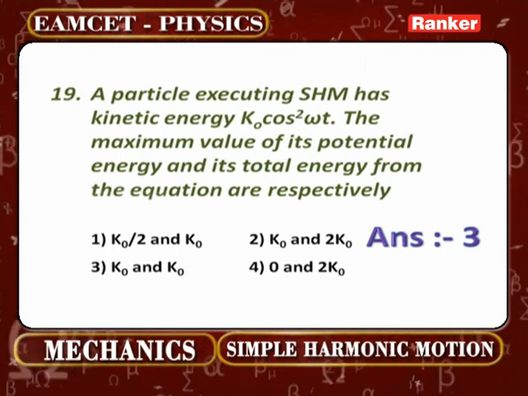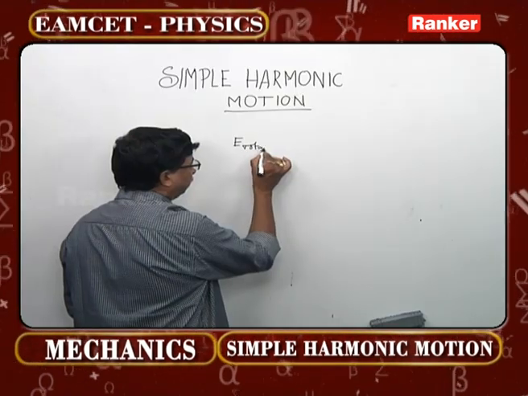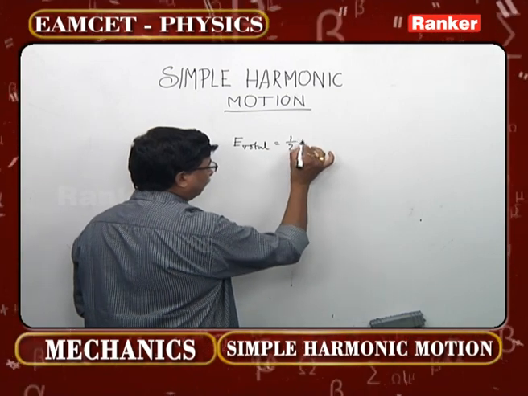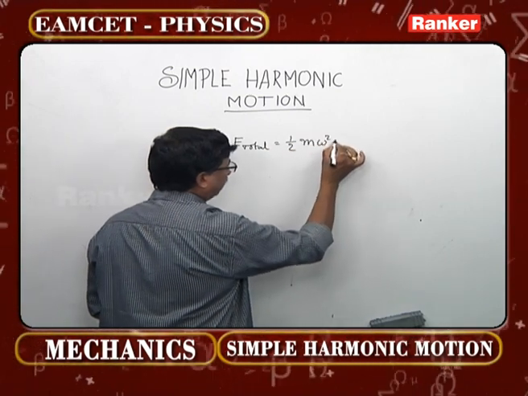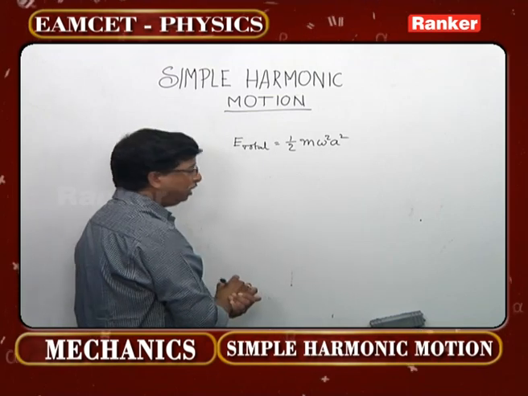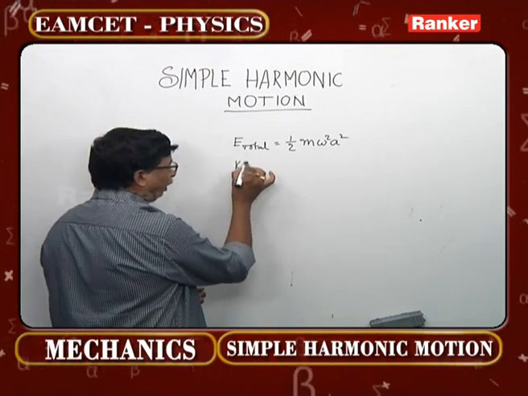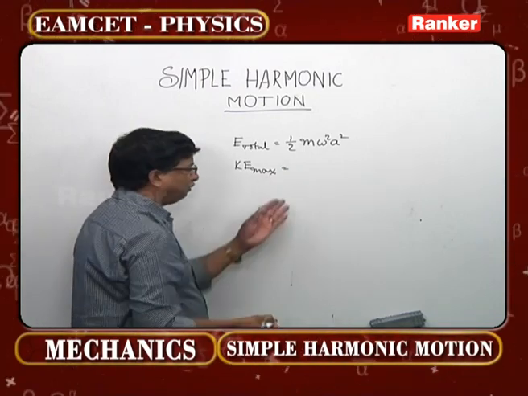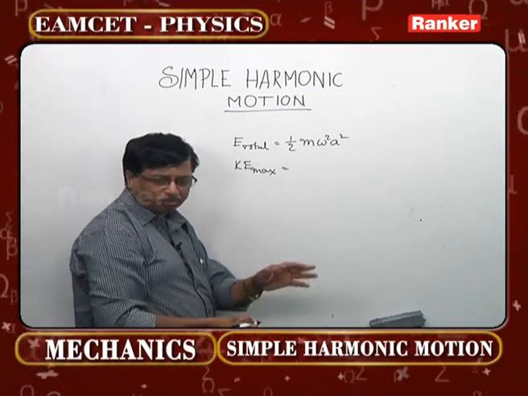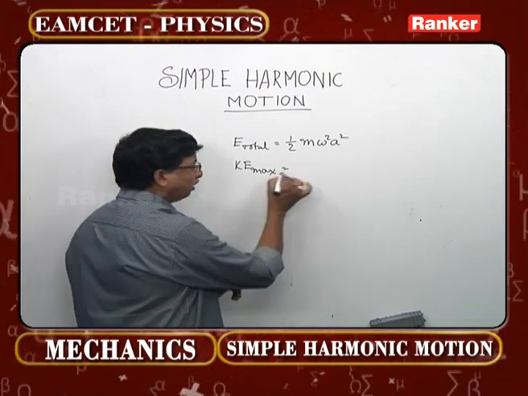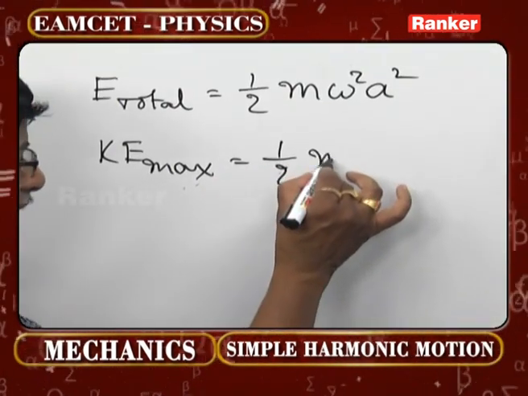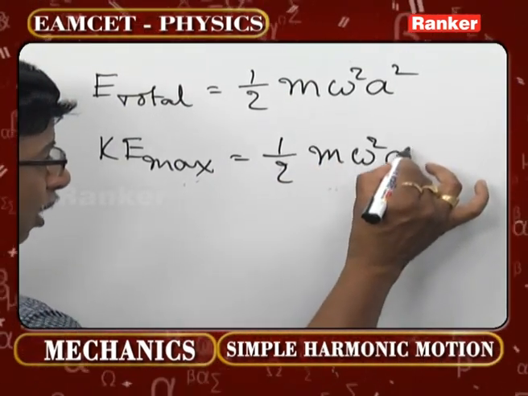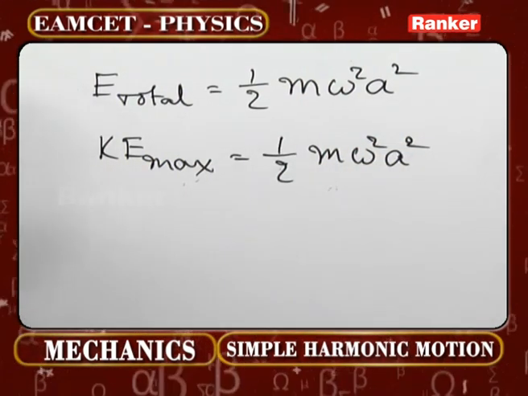If I say total energy of a particle in SHM, that is, of course, we write half m omega square a square. And secondly, what is the maximum kinetic energy? Maximum kinetic energy means it is understood potential energy is minimum. Minimum value means 0. So maximum kinetic energy also will have the same equation, half m omega square a square.